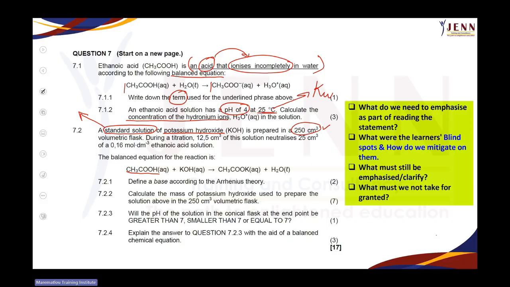Now, okay, so they prepared a 250 centimeter cubed volumetric flask. During titration, 12.5 centimeter cubed of this solution, and I want you to listen to that, 12.5 centimeter cubed of this solution. Of which solution? The 250 centimeter cubed.